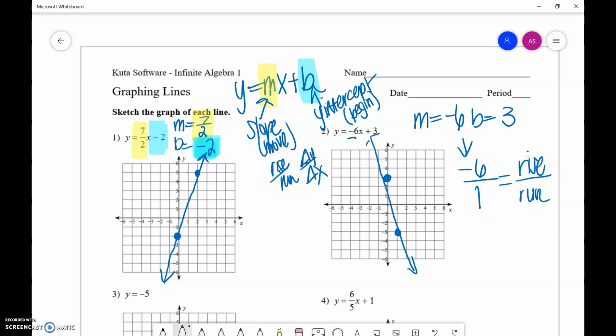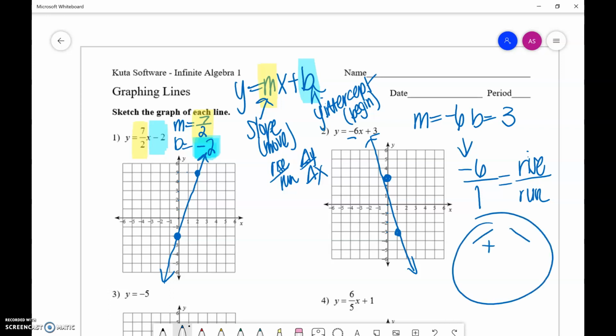Now, a lot of people all day have been asking, which way do we go? Do we go left or do we go right? Okay. One thing that I do, and it's kind of how you think about it in your head. I go down, like if my slope is negative, I'm going to go down and to the right. If my slope is positive, I'm going to go up and to the right. So it depends on how you're looking at it.